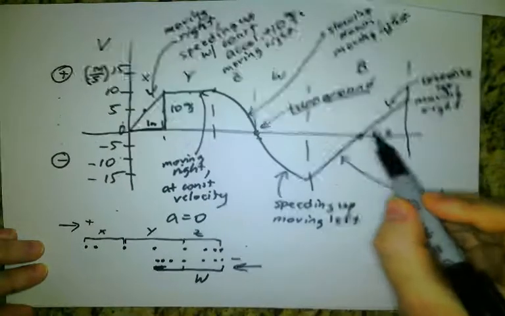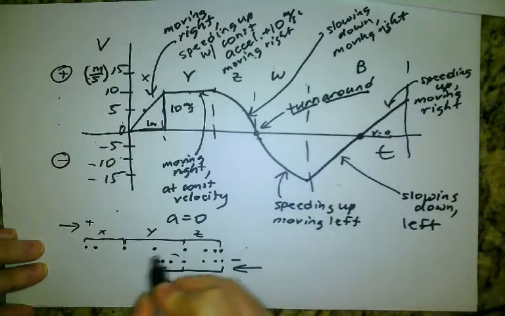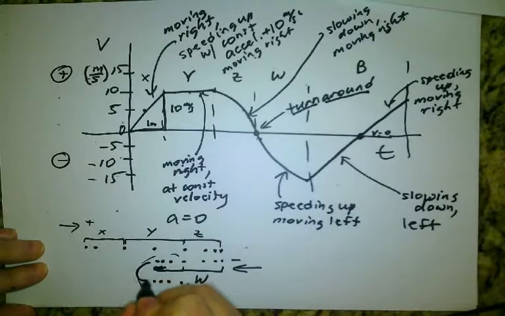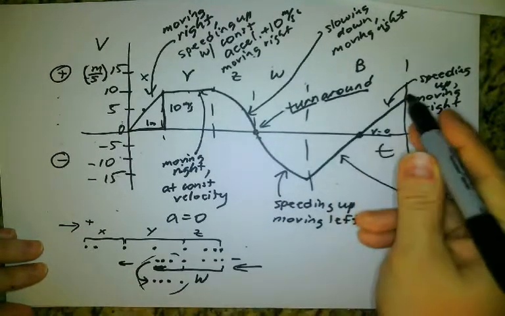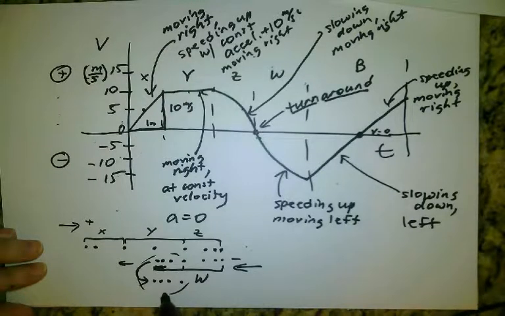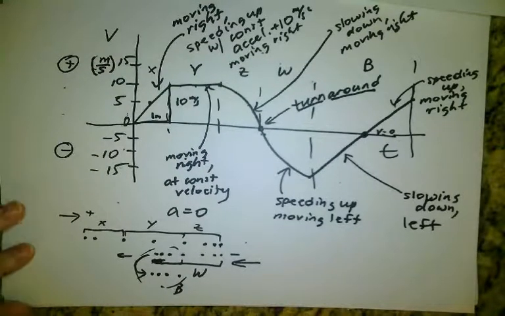Blammo. Okay, so this whole thing here where I kind of turned around, I was going that way, and then I'm going that way. This is left, this is right, left, right. So I slowed down to 0, turned around, sped up to the right. So this whole thing's my B. Okay, just to show you with dot diagrams what's going on in this graph, I think that's helpful to think about motion in many different ways, including graphs, dot diagrams, vectors.